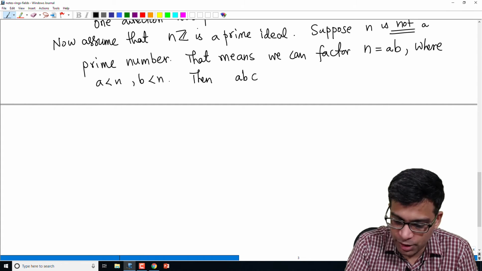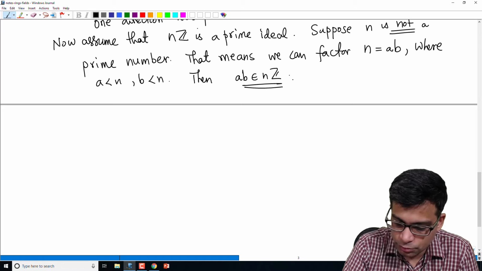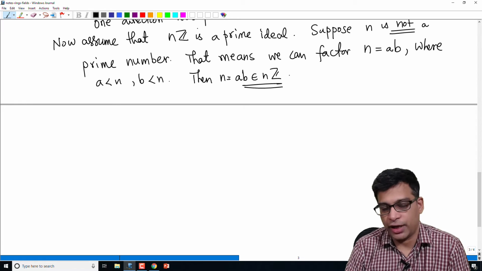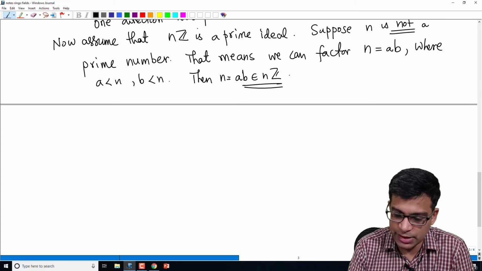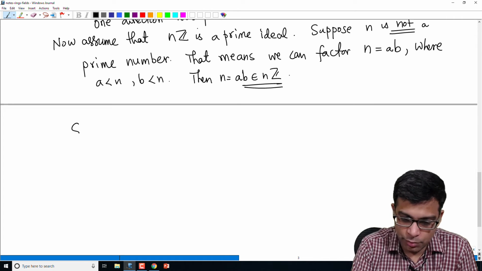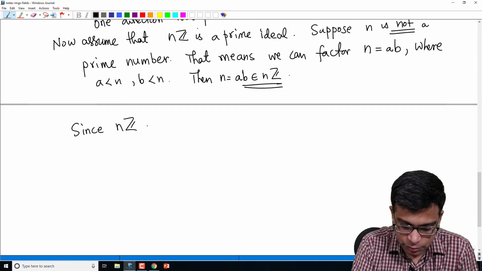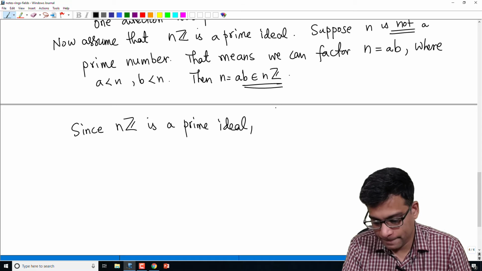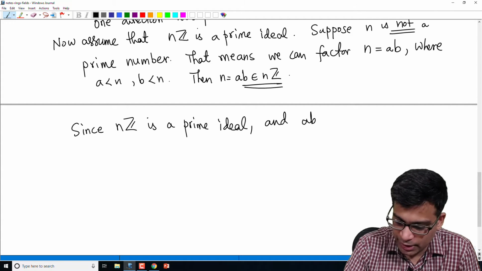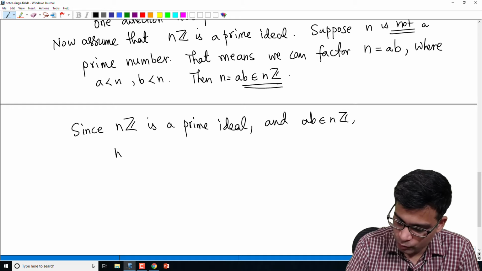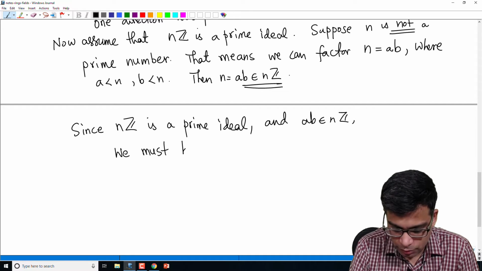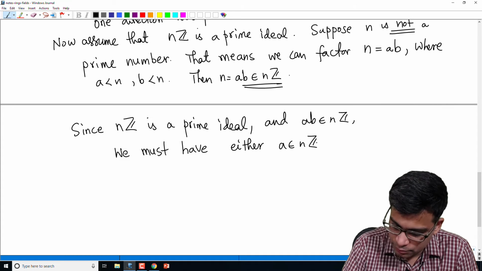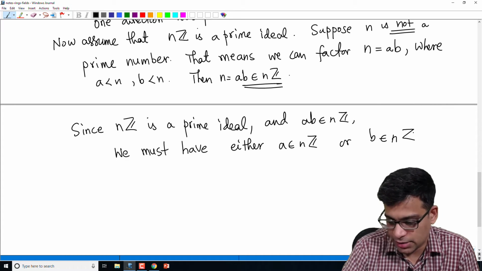So this shows that n is not prime means n has such a product decomposition. Then remember ab is in nZ, because obviously ab is equal to n. So nZ certainly contains n. But since nZ is a prime ideal, and ab is in nZ, we must have either a is in nZ or b is in nZ.